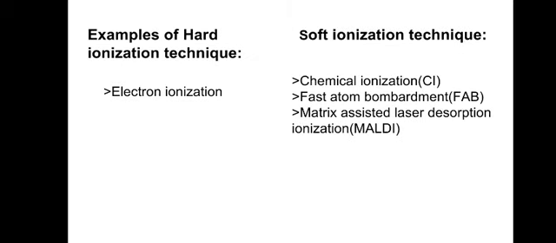Some examples of hard ionization technique and soft ionization techniques. Electron ionization is a type of hard ionization technique, as hard ionization techniques require higher energy. So the electron ionization technique requires 70 electron volts of energy to fragment a single molecule into its ions.